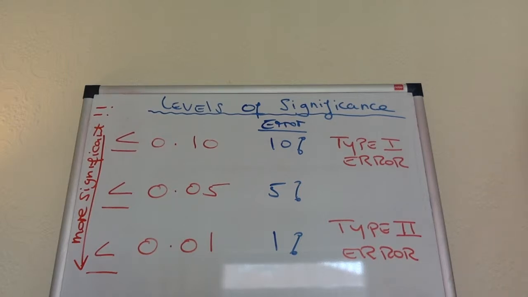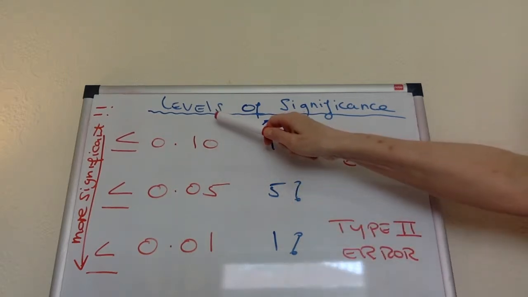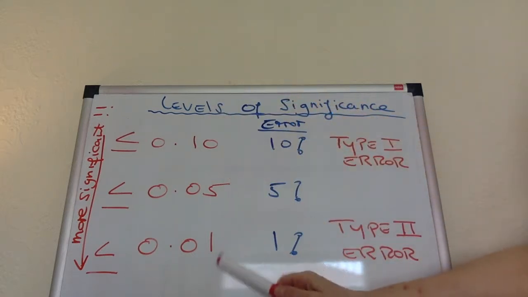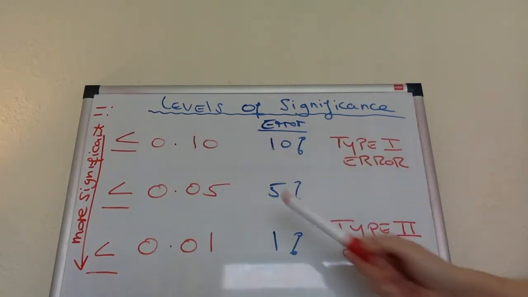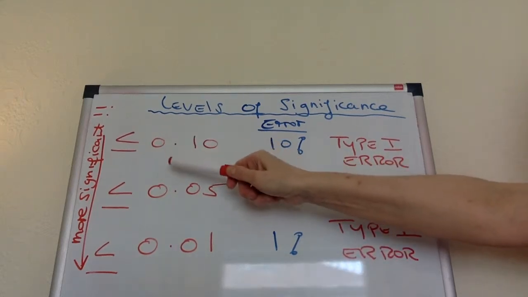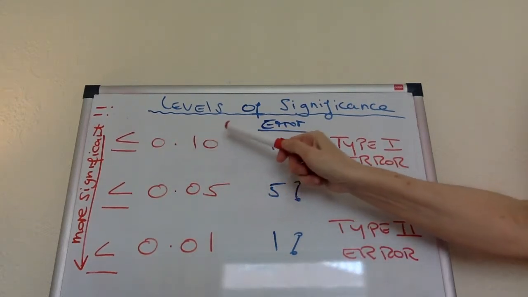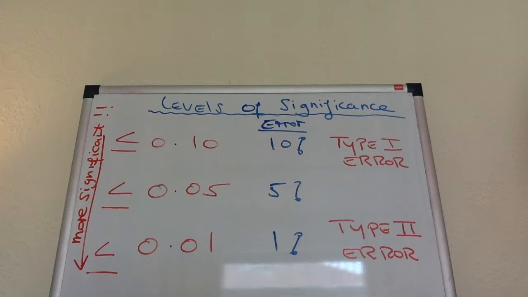Levels of significance go from a high number to a low number in terms of more significance. So when you've got a figure such as less than or equal to 0.10, that is a high level in terms of a number. Okay, and high and low can get you all mixed up.